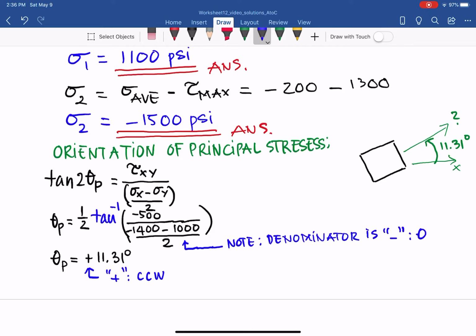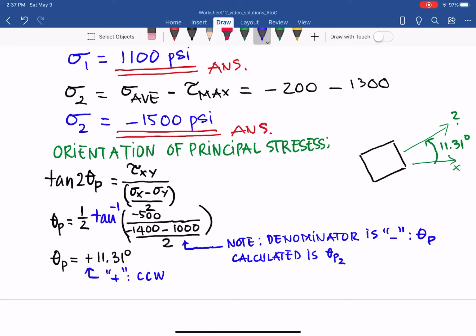The theta p that you calculate, in this case 11.31 degrees, is one of two roots, and this root is theta p2.